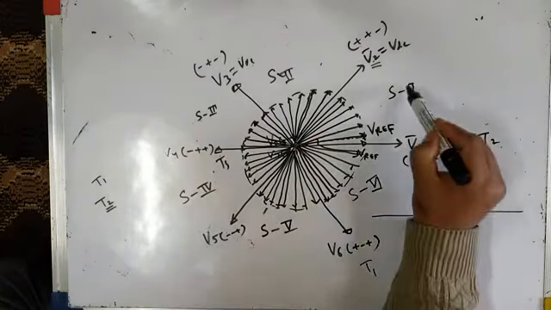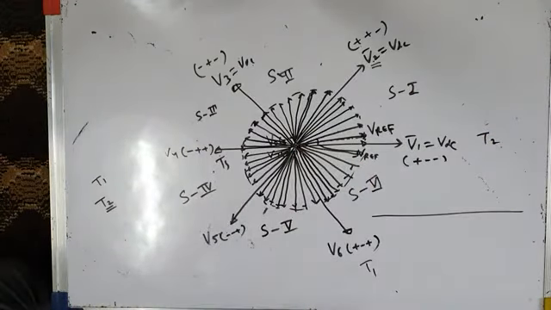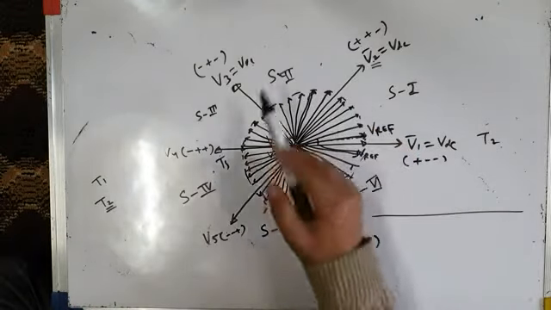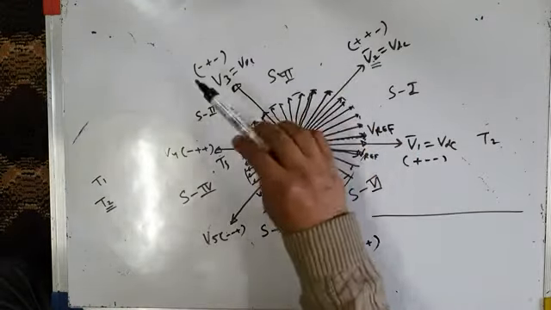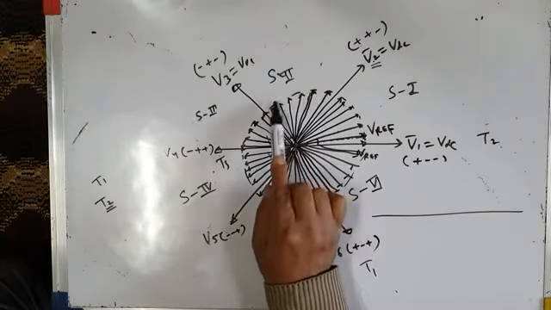For example, in sector 1, the time averaging of V1 and V2 voltage space vectors creates the rotating reference vector. In sector 2, the time averaging of V2 and V3 makes it rotate like this.